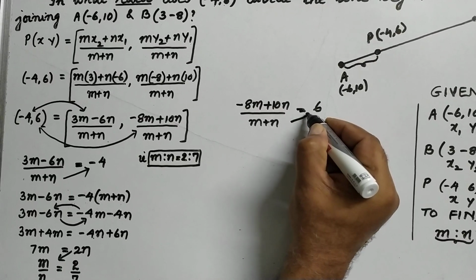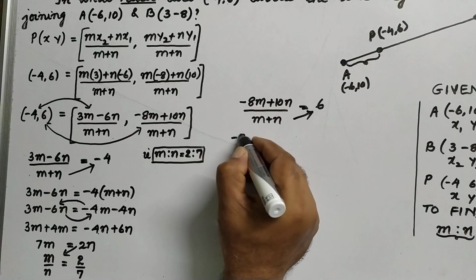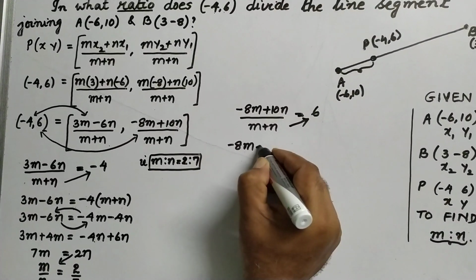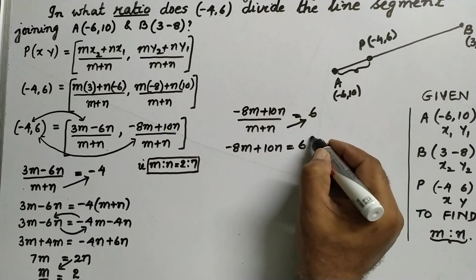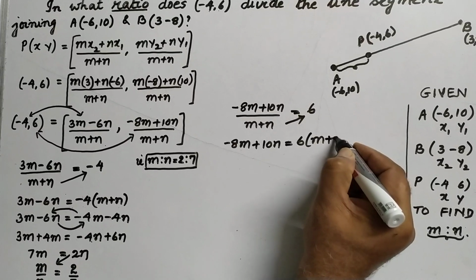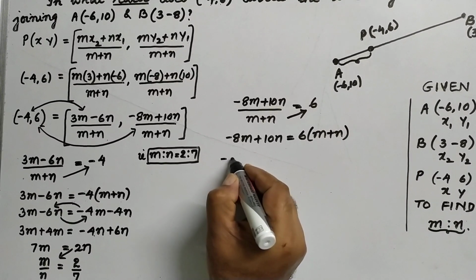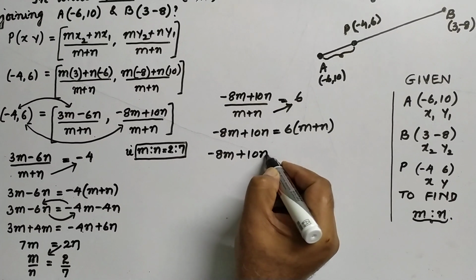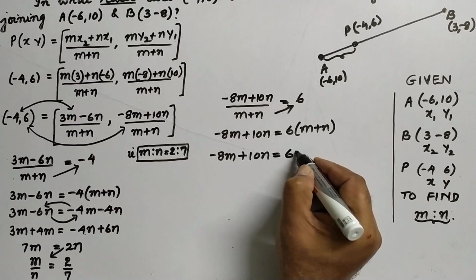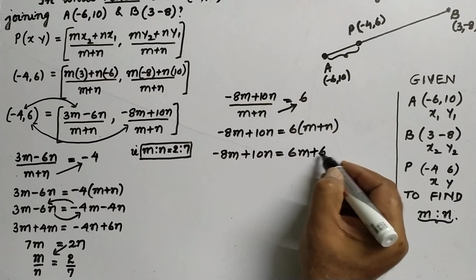Transfer m plus n: -8m plus 10n is equal to 6 into (m plus n). So -8m plus 10n is equal to 6m plus 6n.